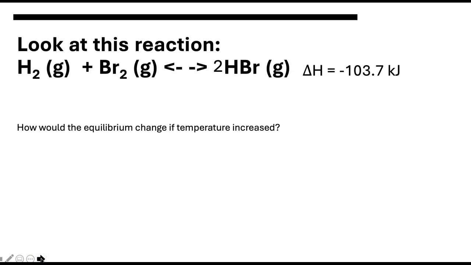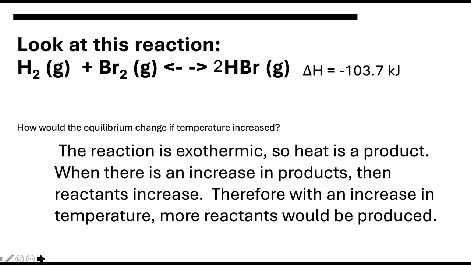What if temperature were increased? Pause the video. So if temperature were increased, then I need to look at the delta H for this reaction. And I see that I have a negative delta H value. So that means this is exothermic, so that heat is given off. In other words, heat is a product. When we add more products, that shifts the equilibrium in the opposite direction.